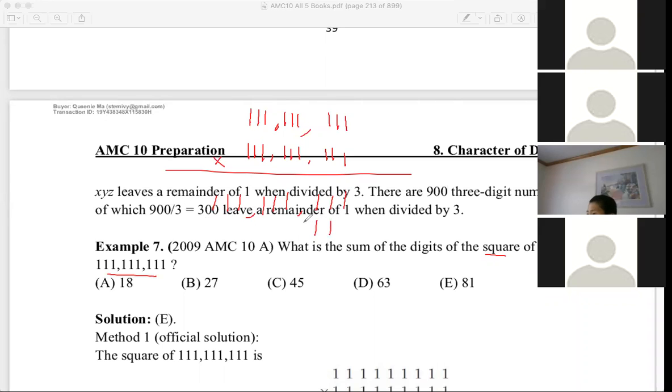It will be like this: 1, then 1, 1, 1, 1, 1, 1. Now, next time, you shift 1 more time.